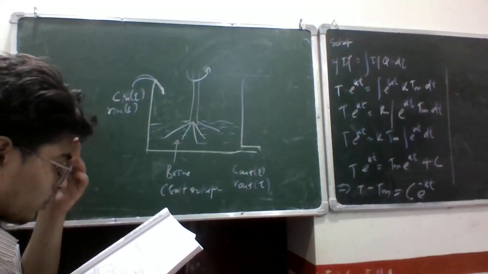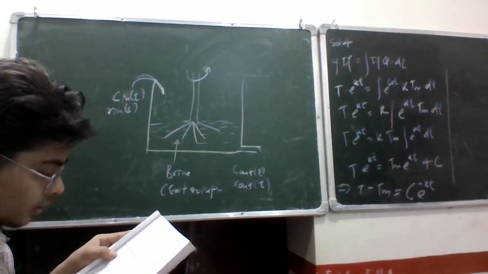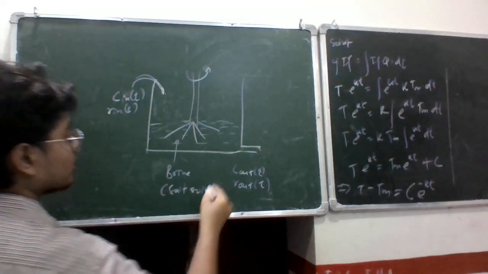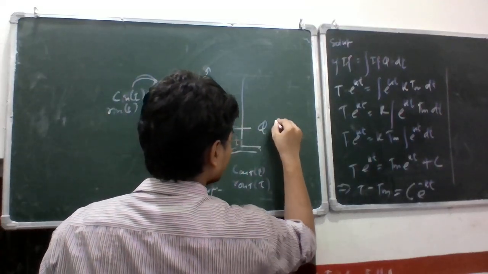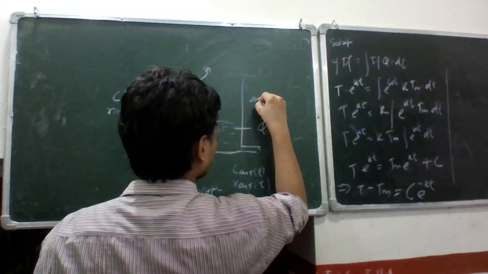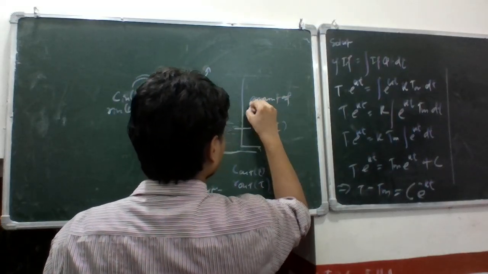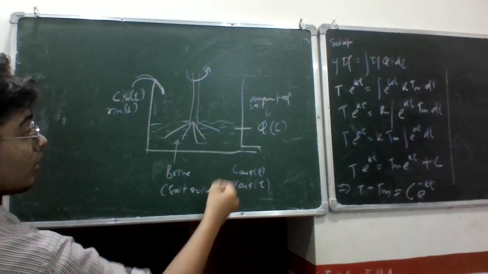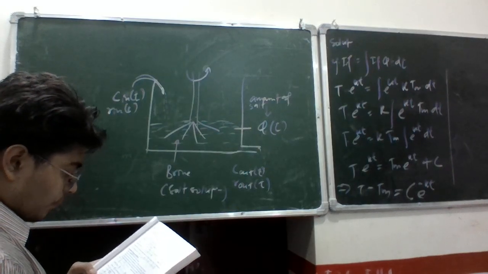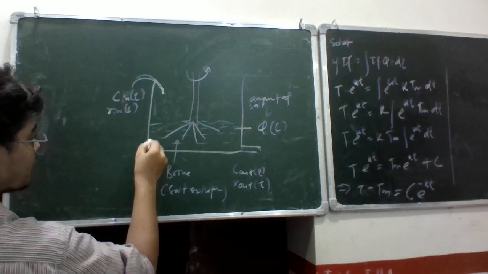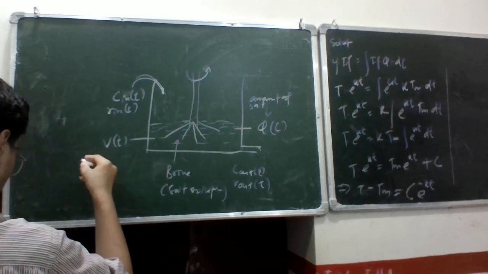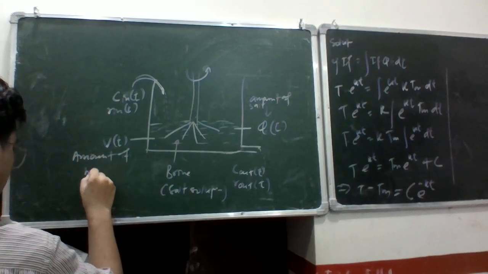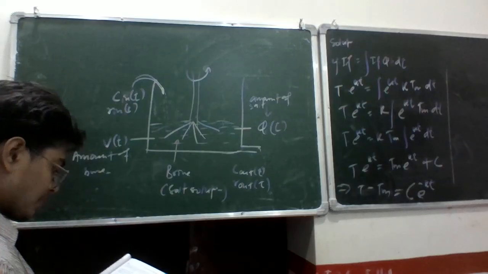Now Q of t denotes the amount of mass of salt in the tank at any time t. Suppose in here Q of t represents the amount of dissolved salt in the solution, and V of t is the amount of brine in the tank at any time t.